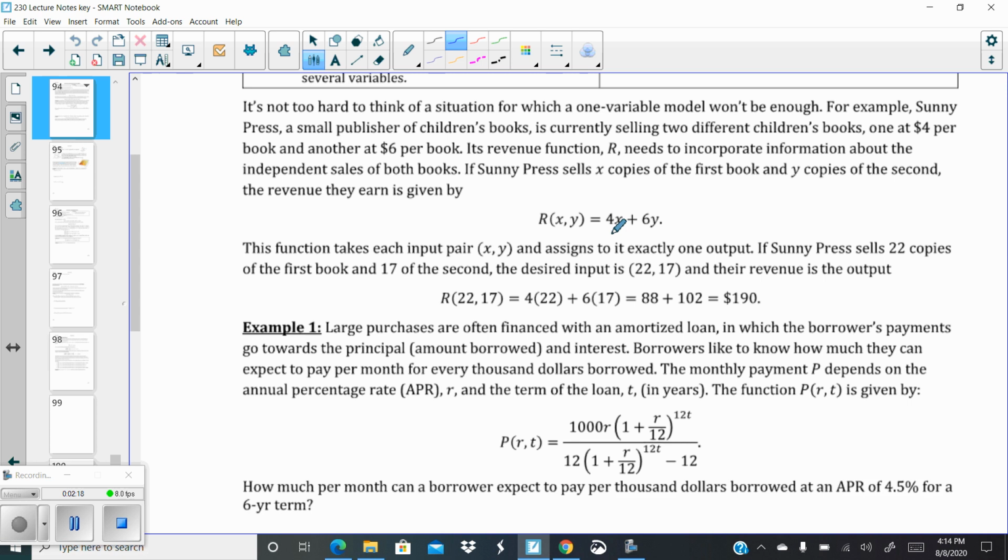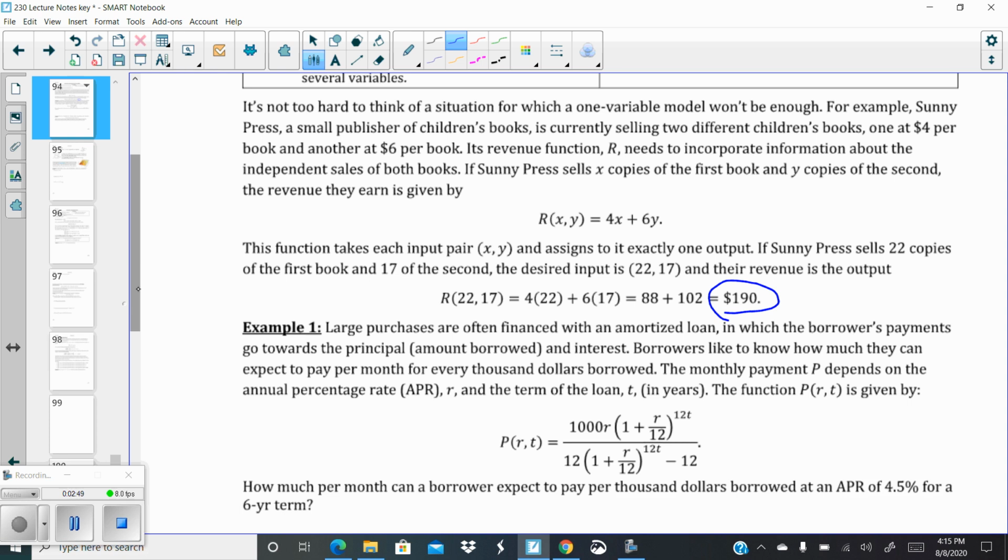If Sunny Press sells 22 copies of the first book and 17 copies of the second book, then your desired input is the point 22 comma 17, and then you would just plug 22 and 17 in for X and Y respectively, and you would end up with $190 revenue. Okay, again, it's not really that difficult. You just have to make sure you're plugging the right stuff in for the variables. Again, it's more of a concept thing, and I'm more interested in your understanding what it actually means at this point.